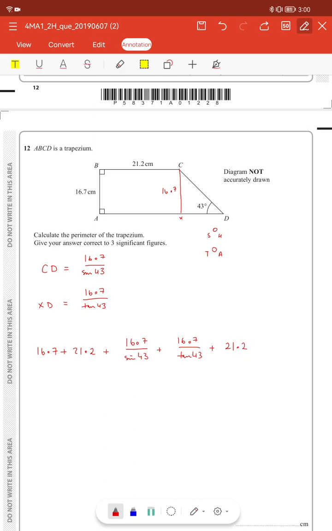And if you were to work that out, you get 101.495 and so on, which to three significant figures would be 101.